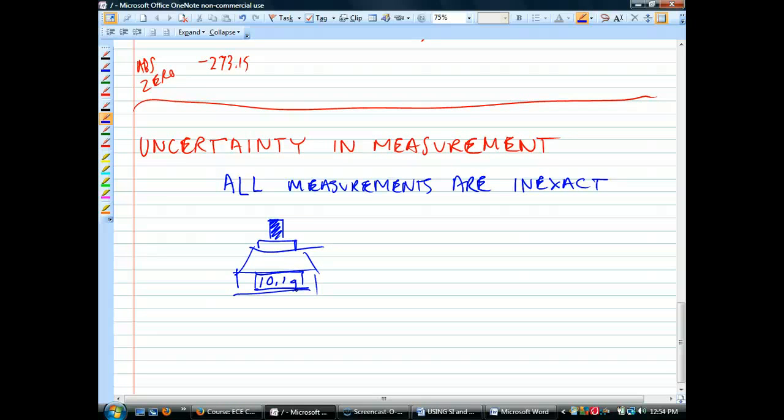Right? Take it over to the other balance we have, which has this glass case on the top of it. And this thing measures to the nearest 10,000th of a gram. So I put the same object on here, and it gives me 10.099.